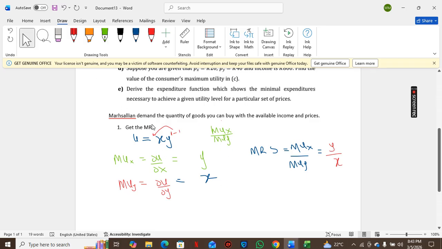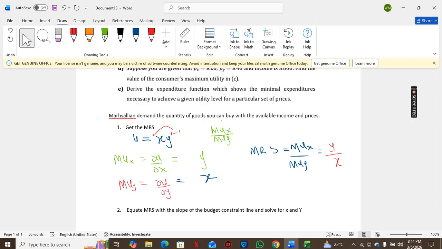Step 2, equate the marginal rate of substitution, MRS, with the slope of the budget constraint line and solve for X and Y.